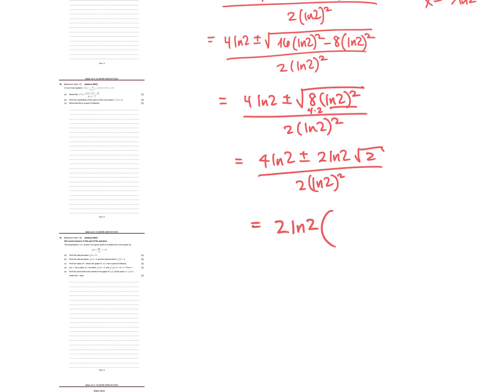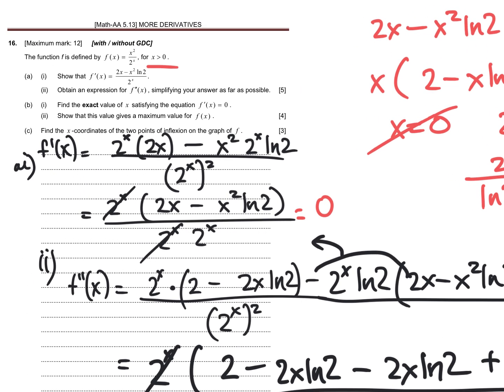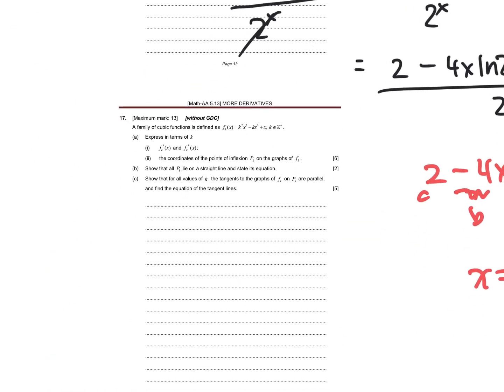So on the inside, we're going to have 2 plus or minus root 2 over 2 natural log 2 natural log 2. Those cancel. So we should have 2 plus or minus root 2 over natural log 2 for the x-coordinates of the 2 points of inflection. They tell us it's a point of inflection, so we don't have to check it.